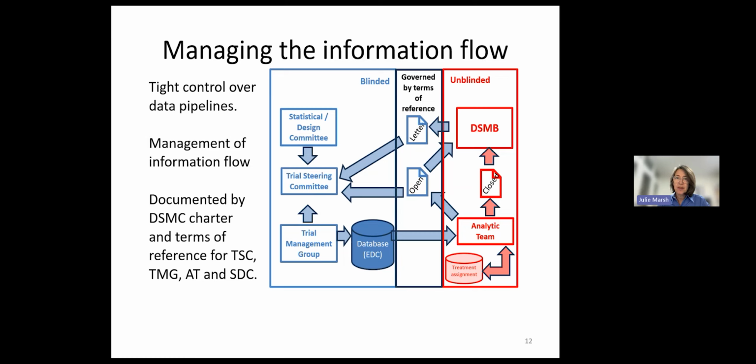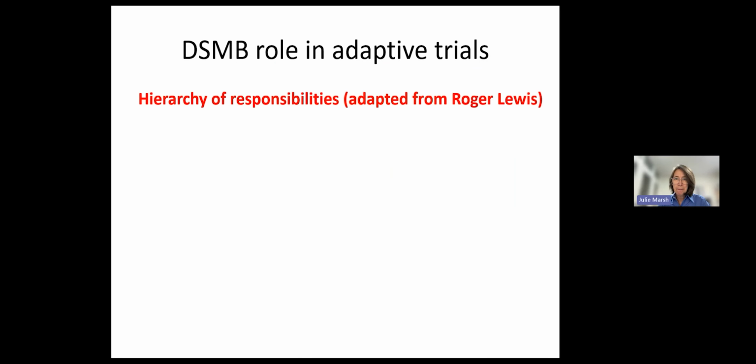So that with the recommendations that are passed on, and the DSMC here are the guardians of that flow of information to ensure that nothing leaks back into the trial steering committee. And this is all documented in these terms of reference. Next, back to you, Tom.